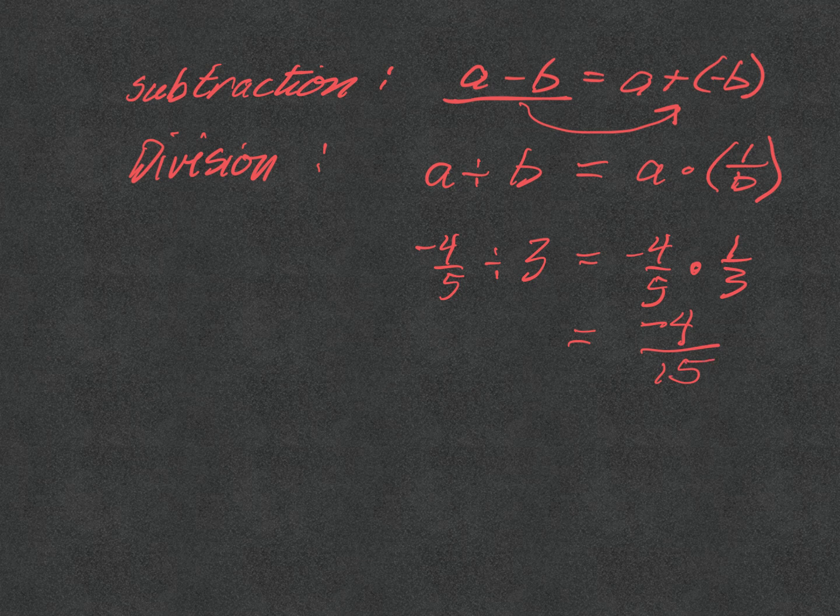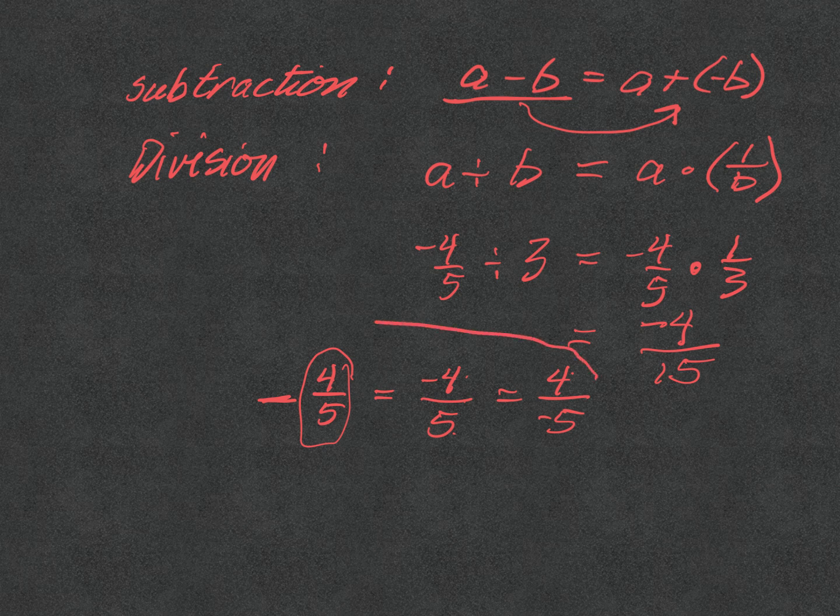Okay? Now, I should mention here just briefly, whenever you have a fraction, negative 4/5 with the negative out in front is equal to a negative 4 over 5 or it's equal to a 4 over negative 5. Remember, we're saying the whole number is negative. So we can have a negative divided by a positive or a positive divided by a negative, and that will give us a negative.